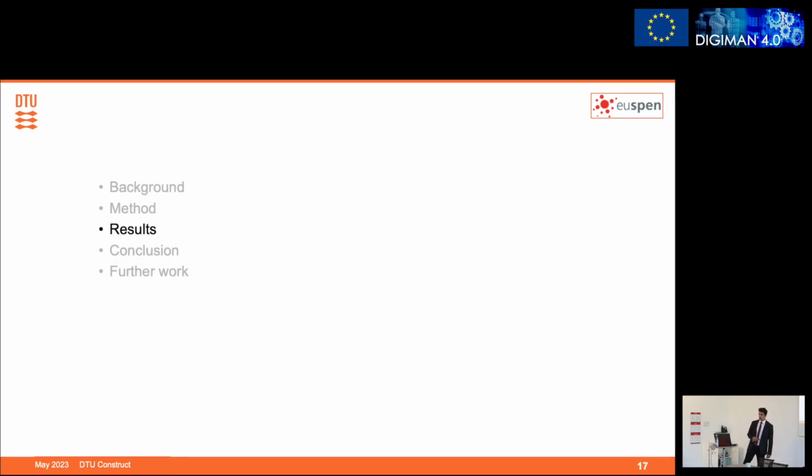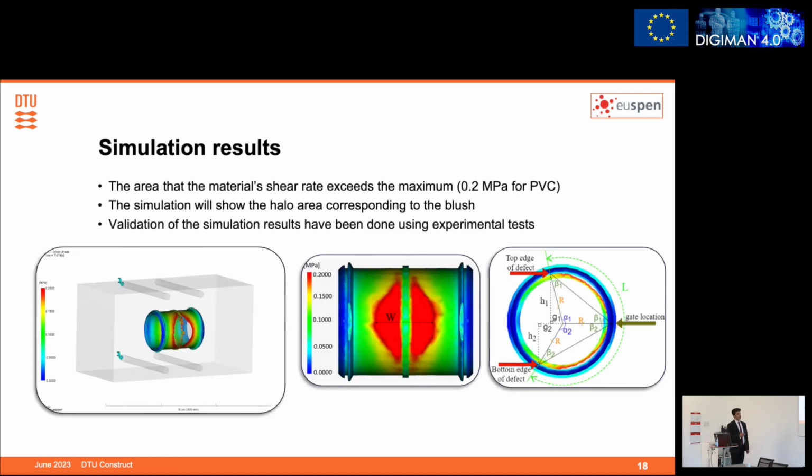Now I want to briefly talk about some of the results. In this picture you can see the result of the simple simulations we did. In this area you can see a hollow area which indicates blush defect. Basically, blush defect occurs when the shear rate of the material exceeds the maximum allowable rate provided by the material supplier.